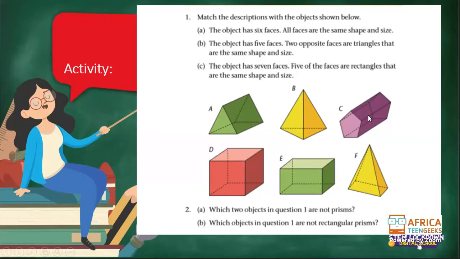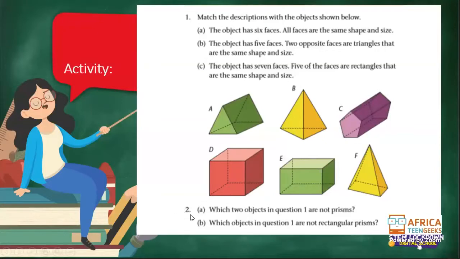So it is a pentagonal prism and it has got rectangles which are the other faces. It is 1, 2, 3, 4, and 5. So that makes it 7 faces. That's why we are saying C is a match for C.